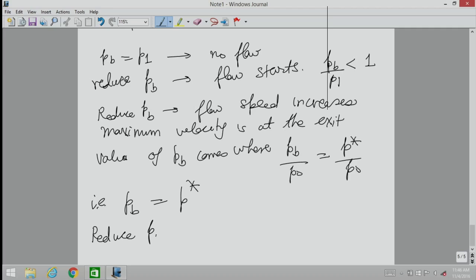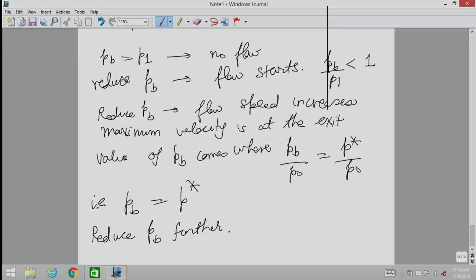If you reduce PB further, what will happen? Now, the change in area, it is a monotonic channel. dA is always negative. dA is not becoming 0. Area is reducing, so dA is negative.